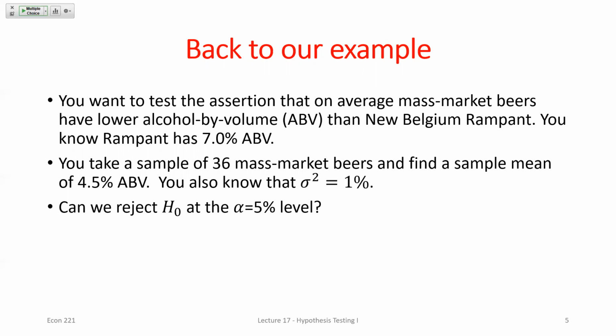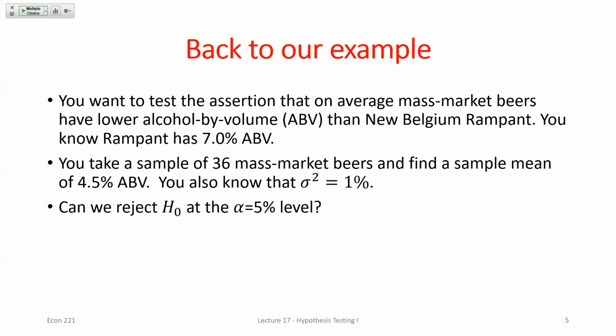So we use that assumed true mean of 7%. We see this sample mean of 4.5. We want to find the probability that we saw 4.5 or anything below that, if in fact what we assume to be true, the population mean of 7, is true. If this is in fact true, what's the probability we saw the sample mean that we did, or anything even further from 7?